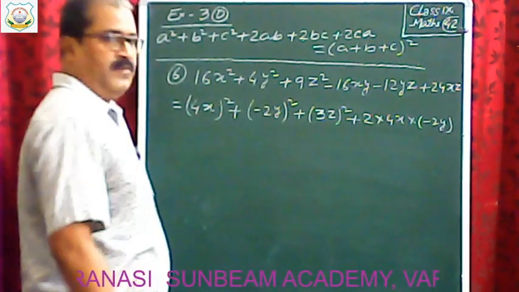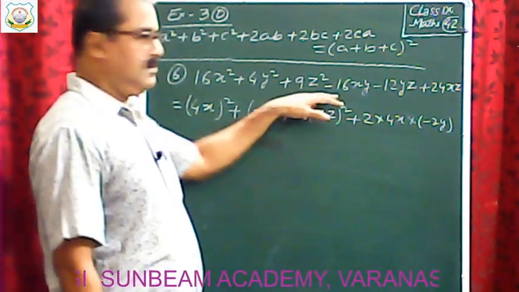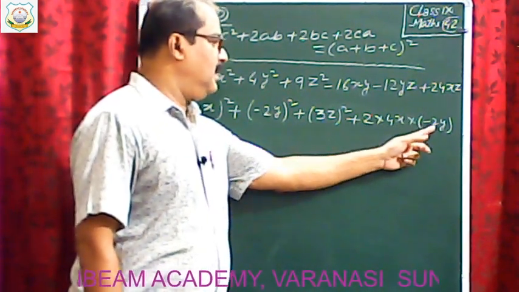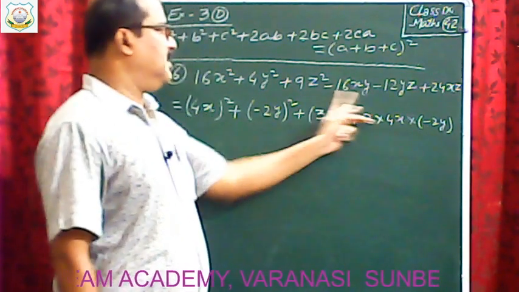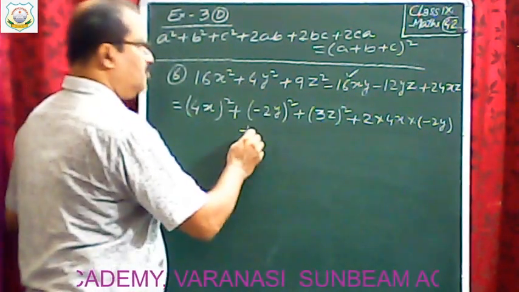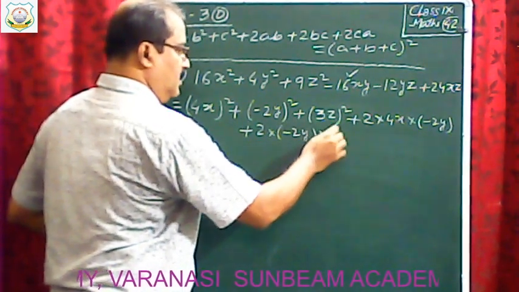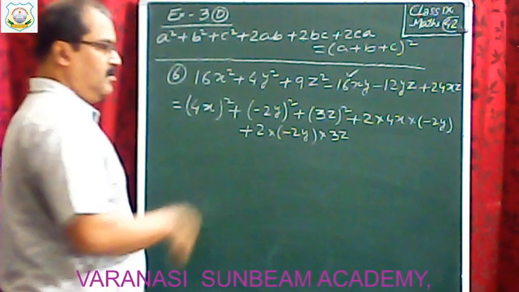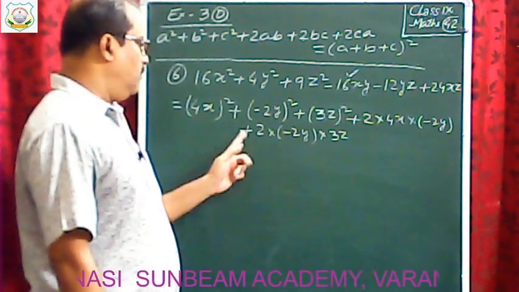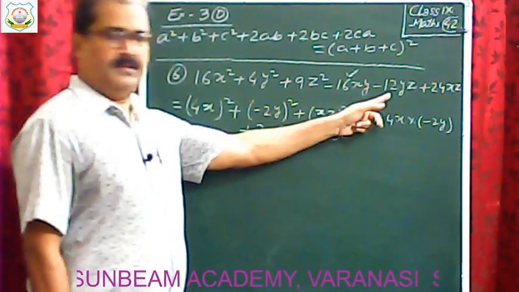Okay, thereafter we have to find the product of this and check whether the product matches the given terms in the polynomial or not. Okay, plus minus minus, 4 8s are 16 xy, so minus 16xy matched. Okay, thereafter plus 2bc, 2 into b is minus 2y into c is 3z. Again you have to multiply and find the product and check whether it matches the given term in the polynomial or not. So plus minus minus, 2 4s are 12 yz. So minus 12yz also matched.